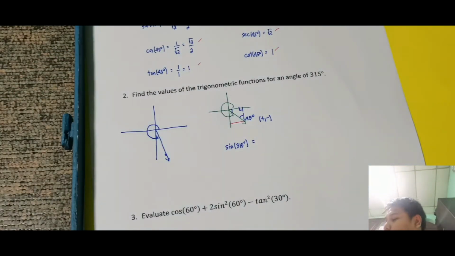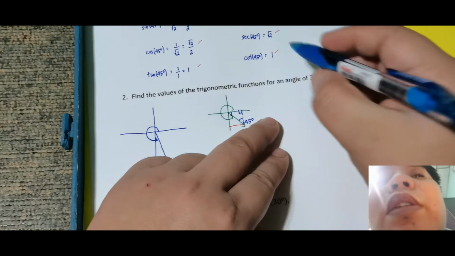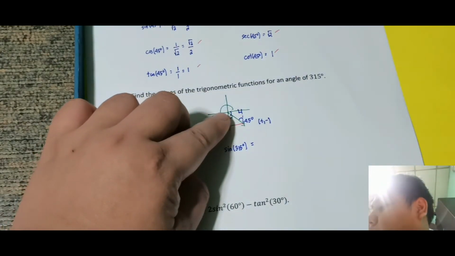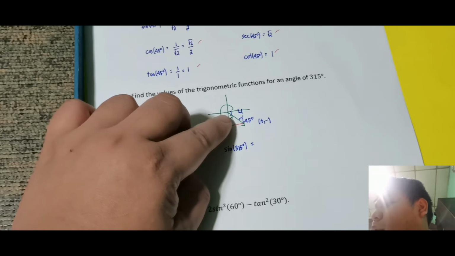Baka dito tayo. O nga, dapat negative yung sign niya, yan yung magiging value dito. Ito yung ating 45 degrees. Dapat ang drawing niya somewhere dito.